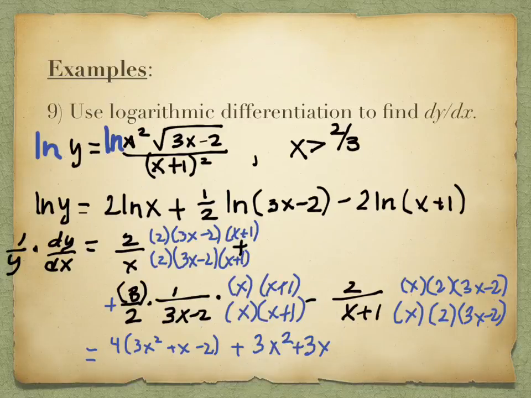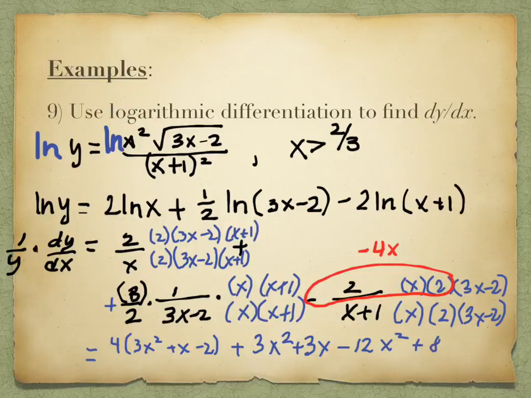This is negative 2x right here, times the 2, so this is negative 4x. So let's just distribute that negative 4x through. So negative 4x times 3x would be negative 12x squared, and then plus 8x.